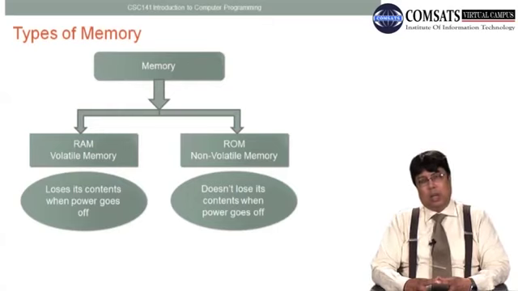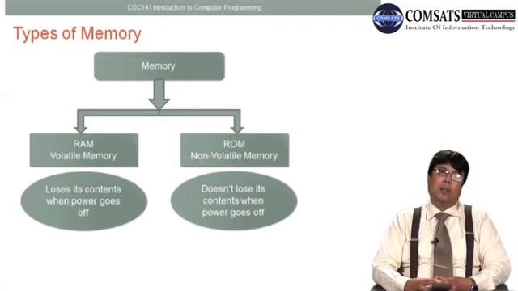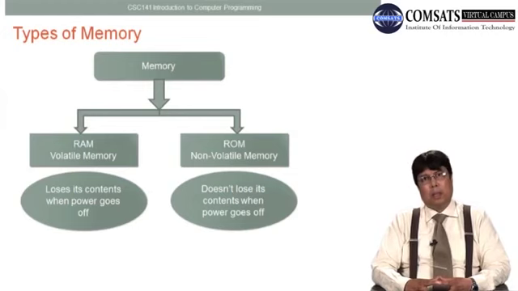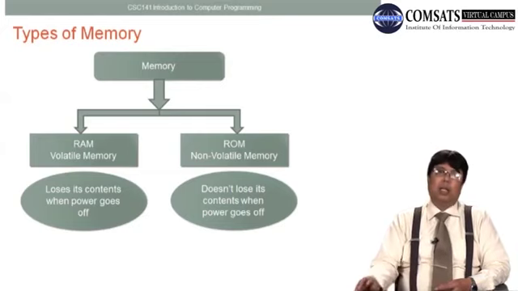The volatile memory requires power, so it loses its contents when the power is switched off, whereas the non-volatile memory does not require power all the time to maintain its contents. The volatile memory we call RAM, and the non-volatile memory we call ROM.